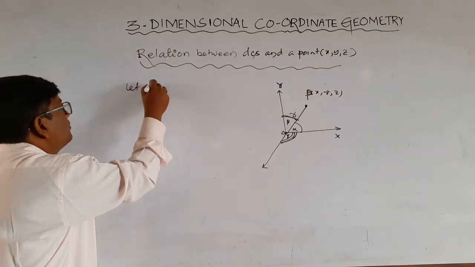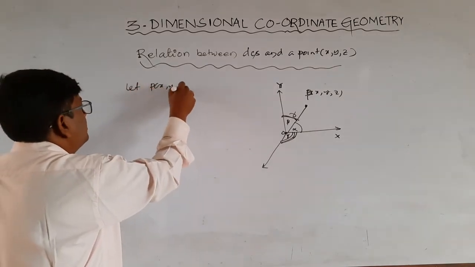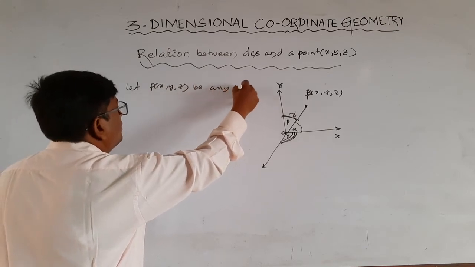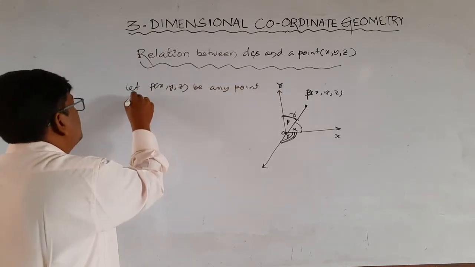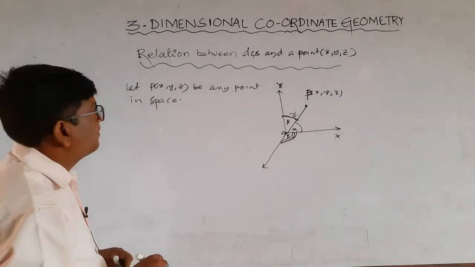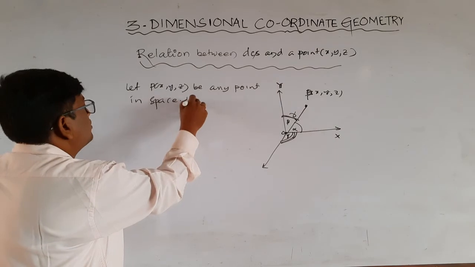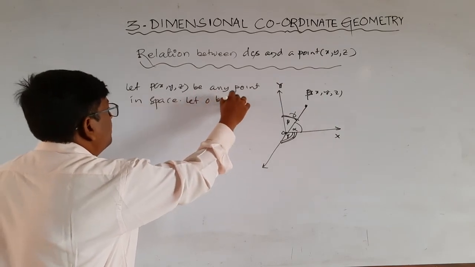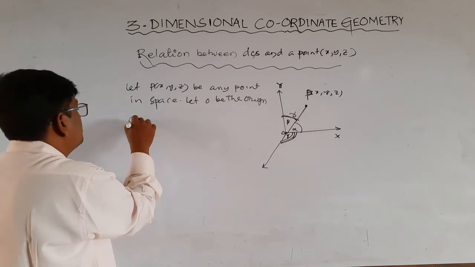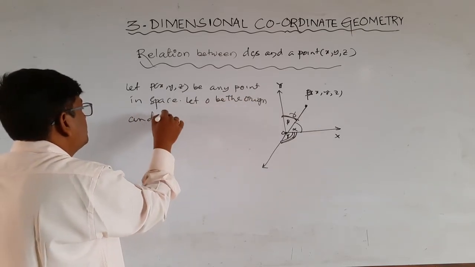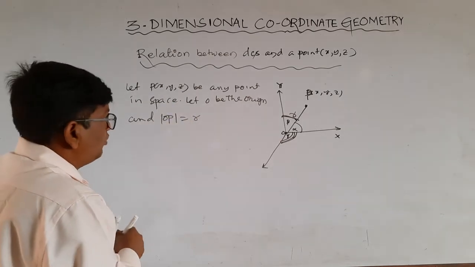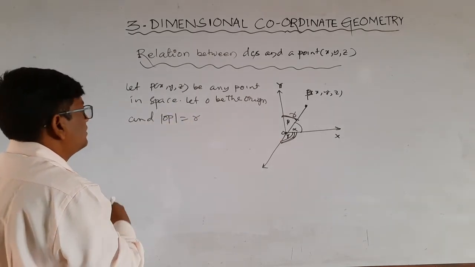So let P of x, y, z be any point in space. Let O be the origin and OP distance is equal to r.